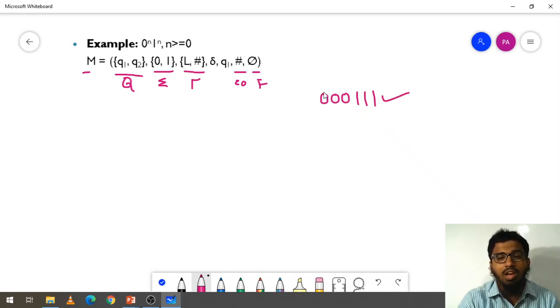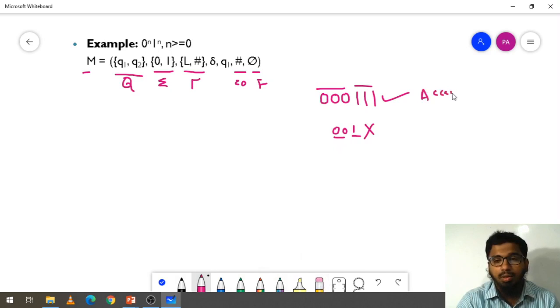Yes, it is valid, because there are an equal number of zeros and ones. What about 0 0 1, is it valid? No. Why is it not valid? Because here it says an equal number of zeros and ones, but here it is 2 zeros and 1 one. So this will not be accepted. This is accepted and this is not accepted.